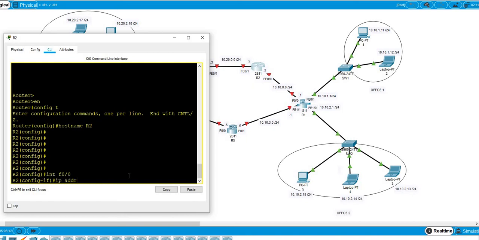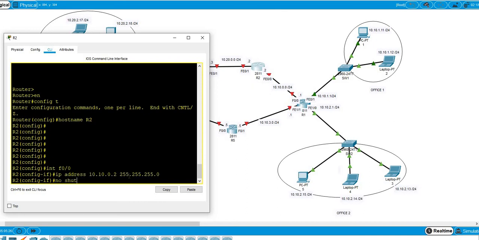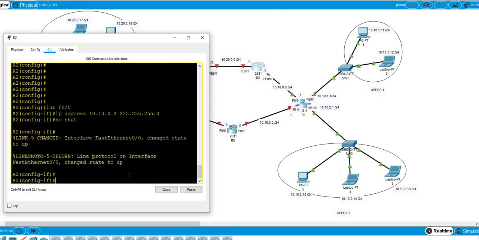IP address 10.10.0.2, subnet 255.255.255.0. No shut. Interface fast Ethernet 0/1.